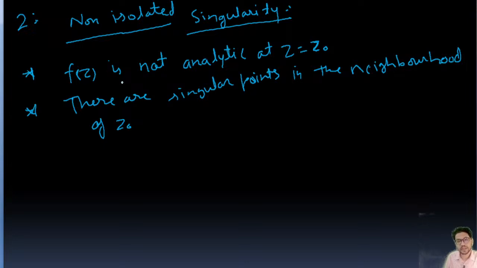So f(z) is not analytic at z equal to z naught, and there are similar points in the neighborhood of z naught. This is the condition for non-isolated singularity.